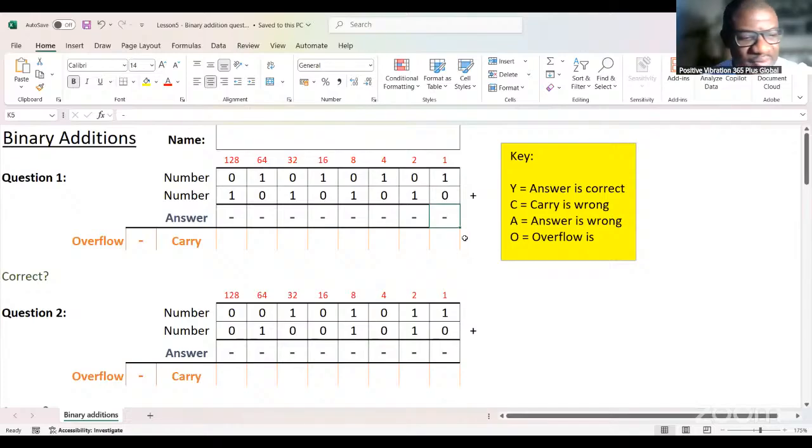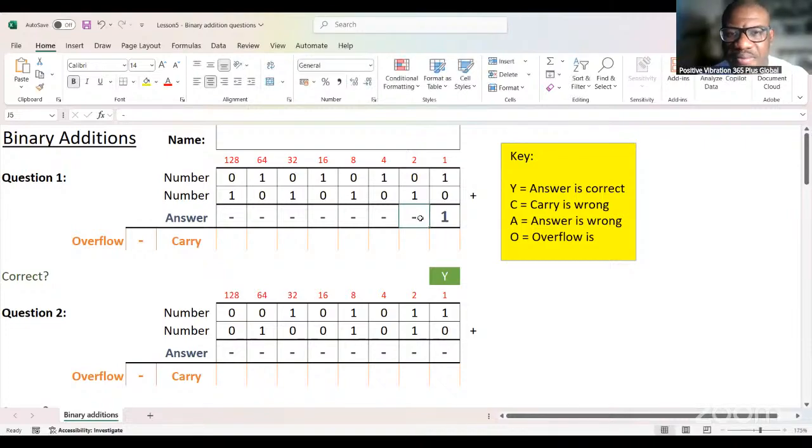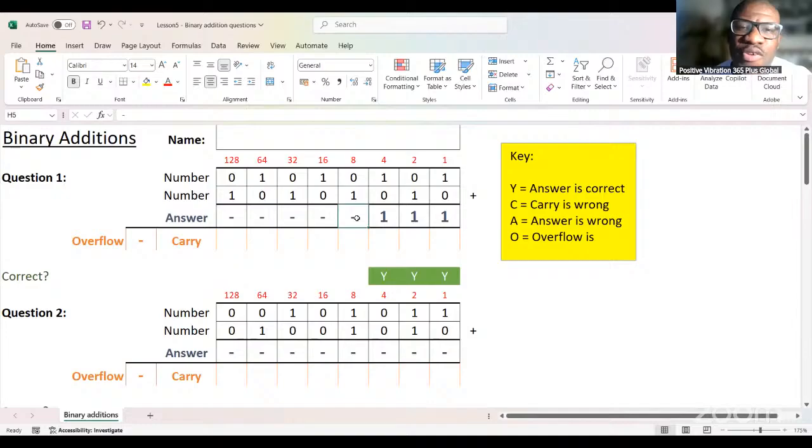0 plus 1. 1. All right. 1 plus 0. 1. 1 plus 0, 1. What do we do here? Put 1 again. This one, still 1.